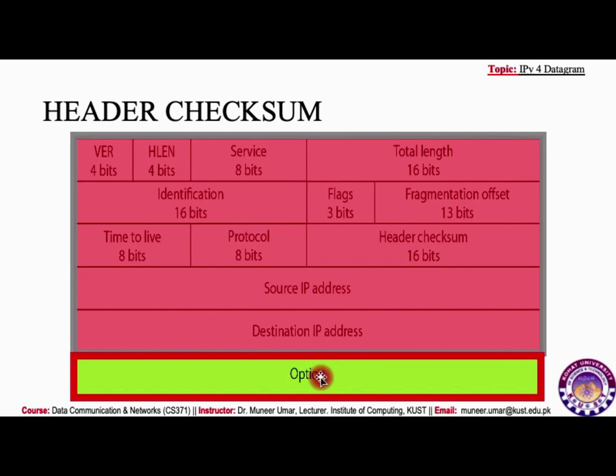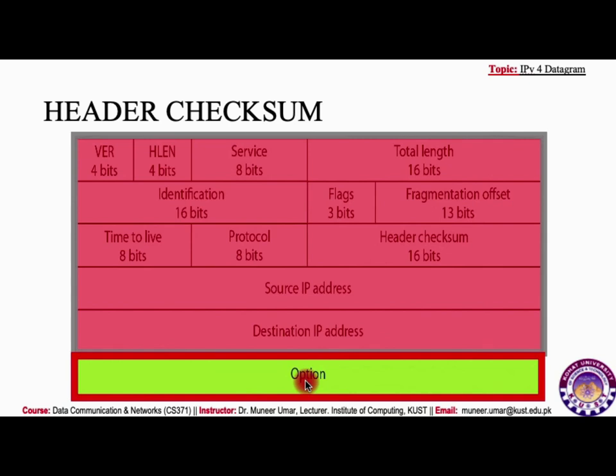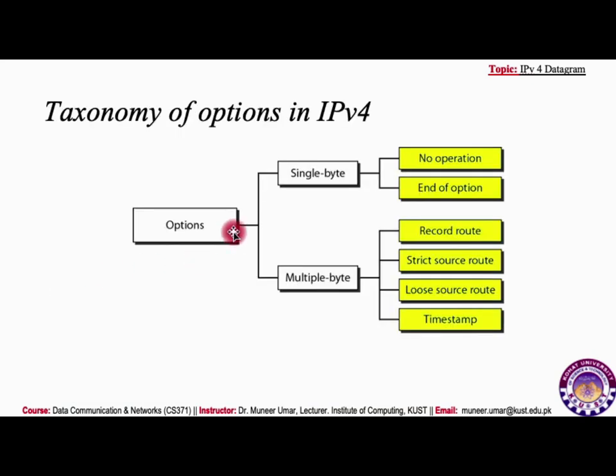If the option is taking, let's say for example 30 bits, then we must add 2 additional bits, and those 2 bits would be considered as padding bits. The options can be single byte or multiple bytes, but the size of each word must be 32 bits.